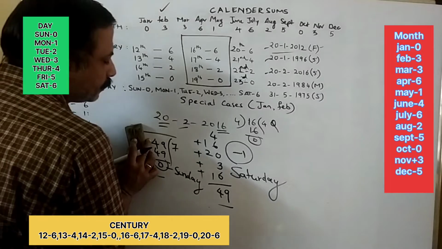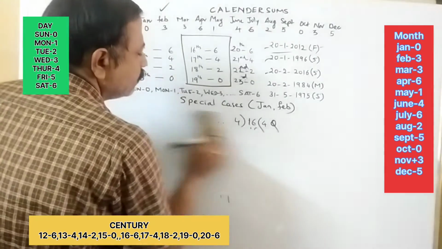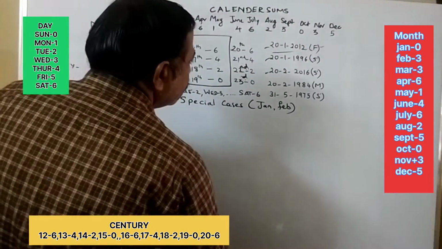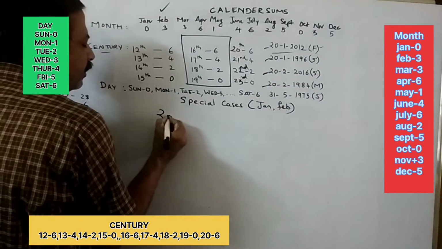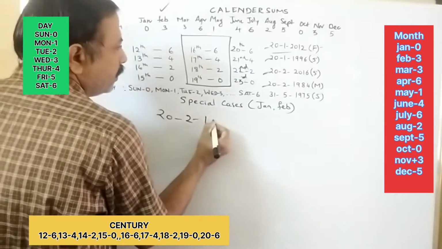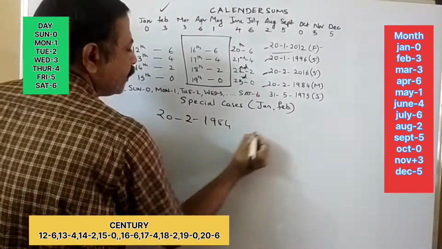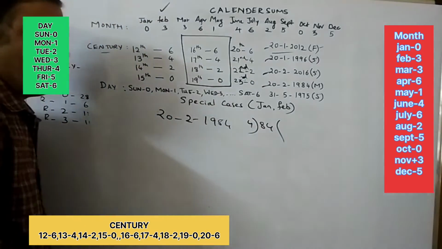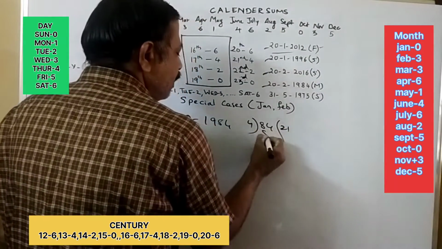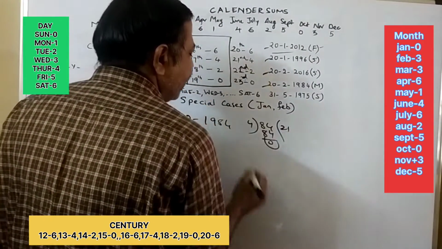Let me take one more date. This we are done now. 20th February 1984. So 84, first step divided by 4. 4 21s are 84, remainder 0 again.